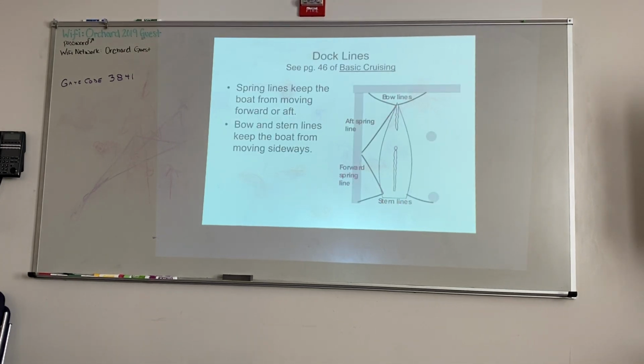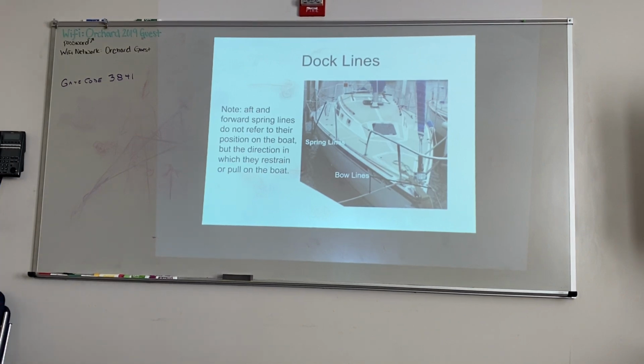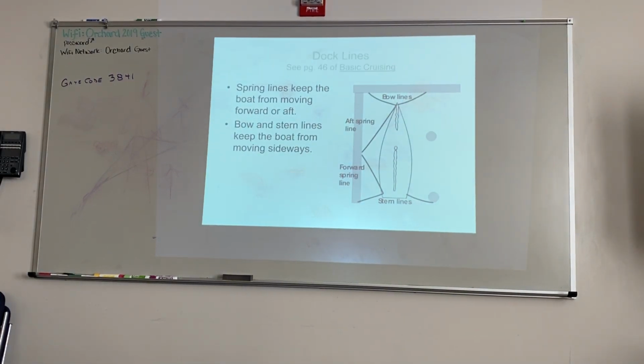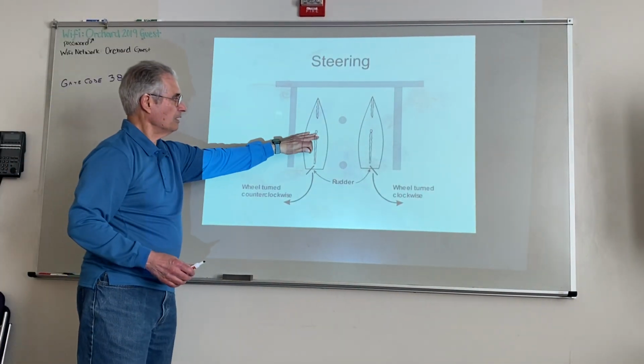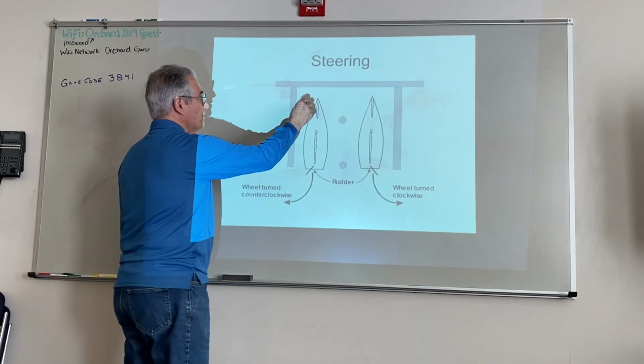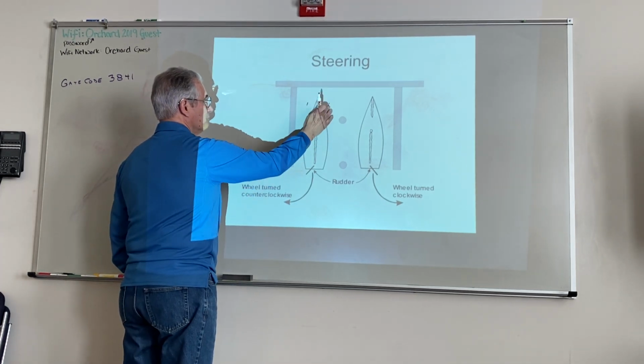We talked about these already, right? Yeah, it's repeated. But we pivot on a keel, so it's not like a car. A car turns in an arc, from up here where the front tires are.